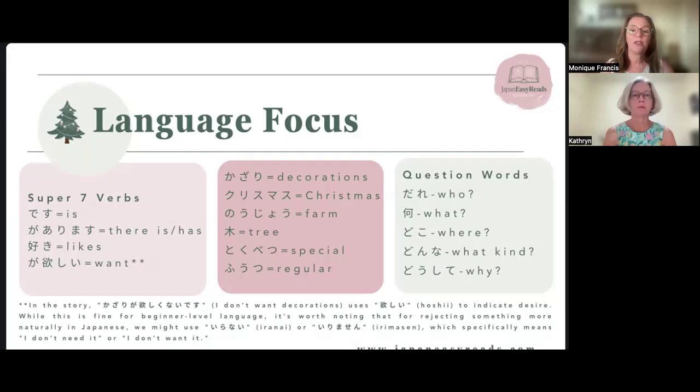I've wanted to keep it to just the Super 7, and I use hoshi in this case, which is one of the feature words, which I feel for beginners is totally fine. But it is worth noting that for more natural Japanese, for more advanced levels, or if you feel that you need to cover that in your curriculum, you might use this opportunity to introduce iranai or irimasen. So the choice is yours.